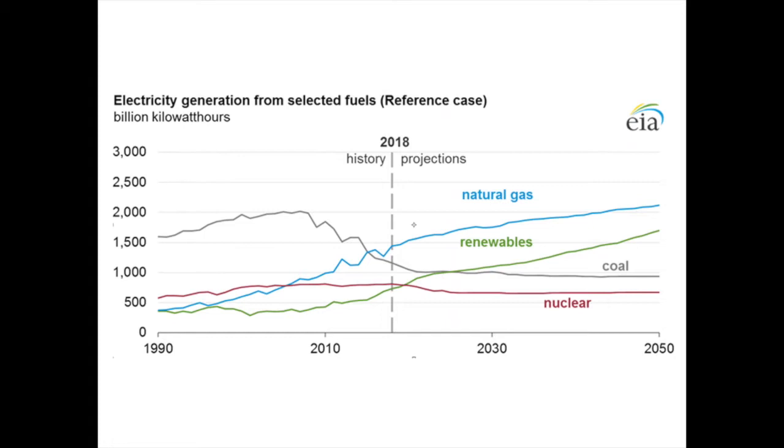This is just a clearer graph that shows what's going on over time. Right, as I said, coal, which is here in the gray, has decreased significantly, whereas natural gas has increased significantly. My arrows are not nice. Okay, coal has gone down, natural gas has gone up.